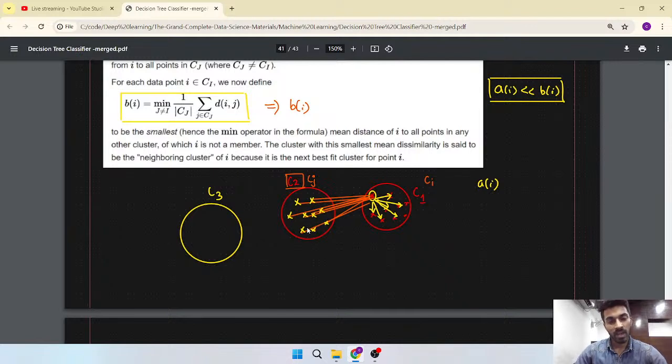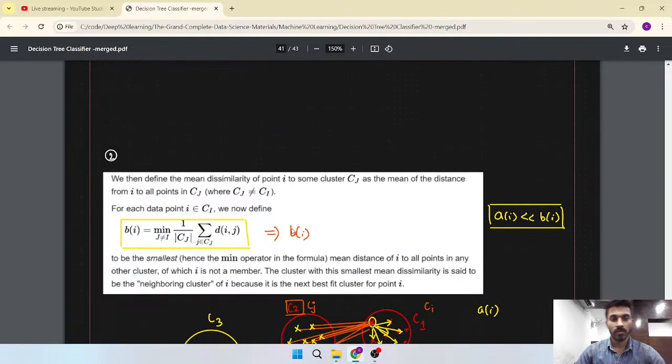So if you get a higher b(i), basically b(i) greater than a(i), then this is a good model. But if b(i) is less than a(i), that means you have created some problems in your data set. This is not a good model. That's how we have to judge it.